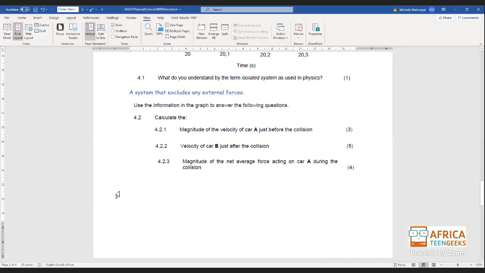Then question 4.2.3, they ask us to calculate the magnitude of the net average force acting on car A during the collision.